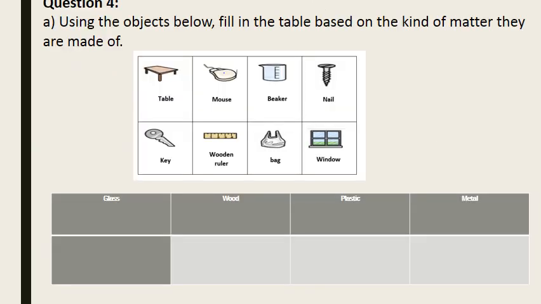Question 4 says, using the objects below, fill in the table based on the kind of matter they are made of. So the table, as you can see here, is wood. The mouse is plastic. The beaker is made out of glass.